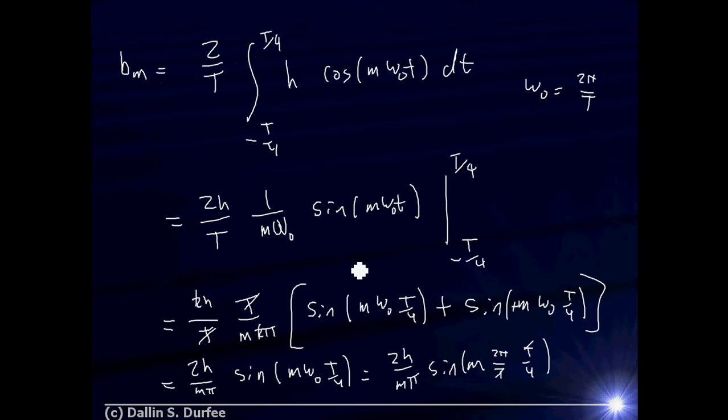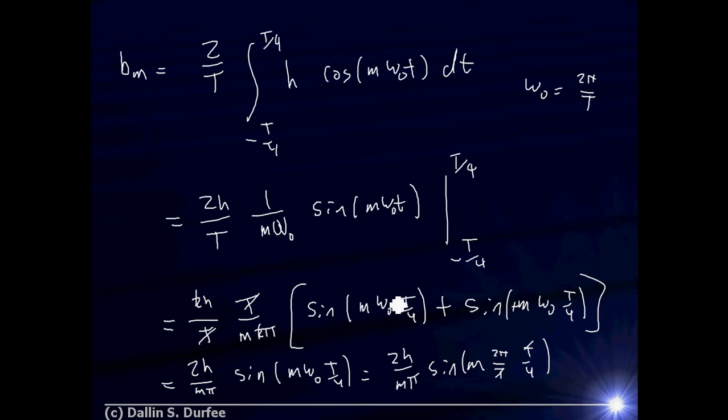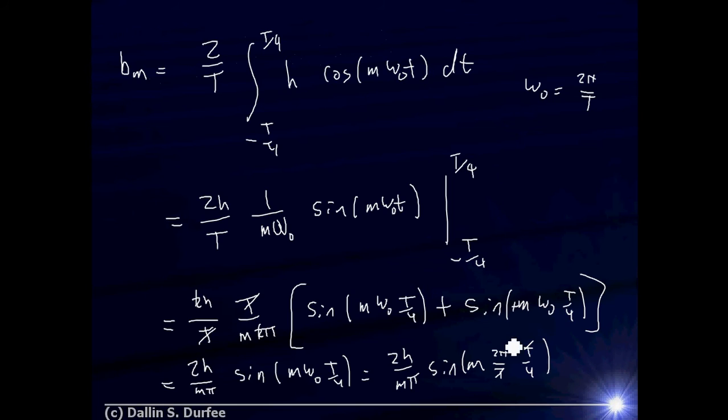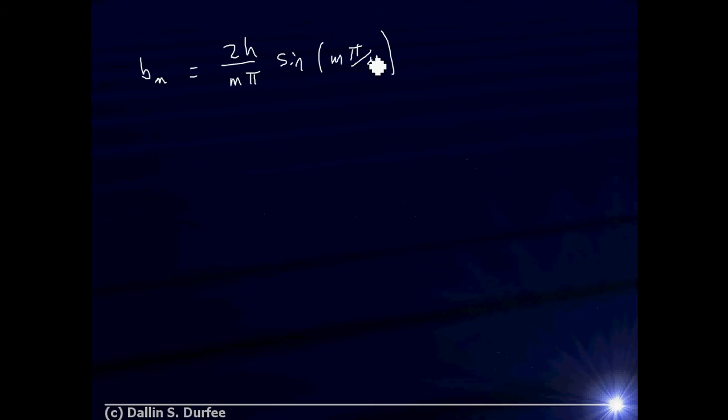So I'm left with b sub m equal to 2h over m pi, then sine of m pi over 4. Did I do that right? Oh, sorry, I had a 2 pi over 4, so it's m pi over 2. Good. I was getting a little worried here. I wasn't getting what I expected. So if I take sine of m pi over 2, what is that going to be equal to?